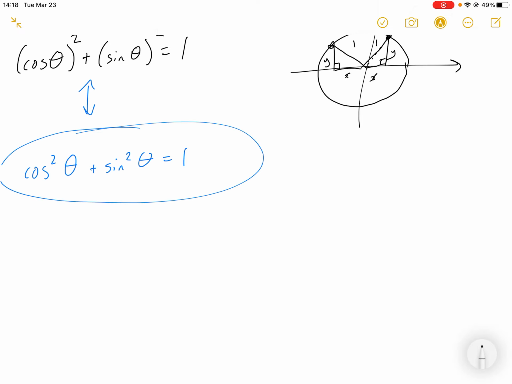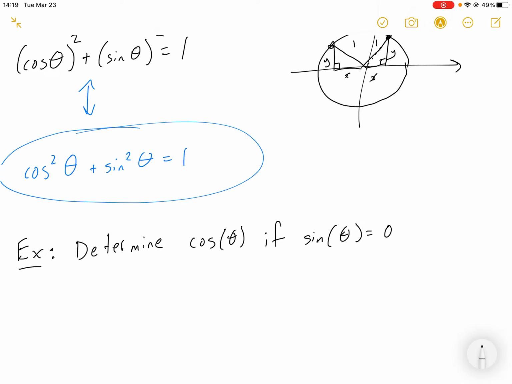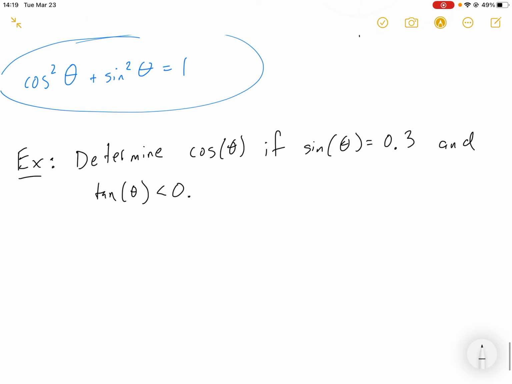So now if I had a problem, a typical question would be: determine cosine of theta if sine of theta equals 0.3, and I also know that tangent of theta is negative.